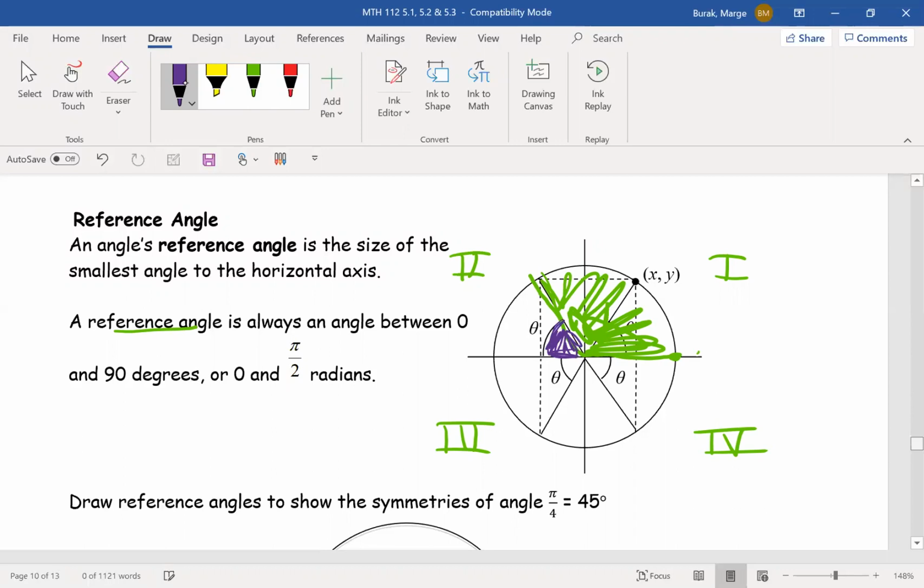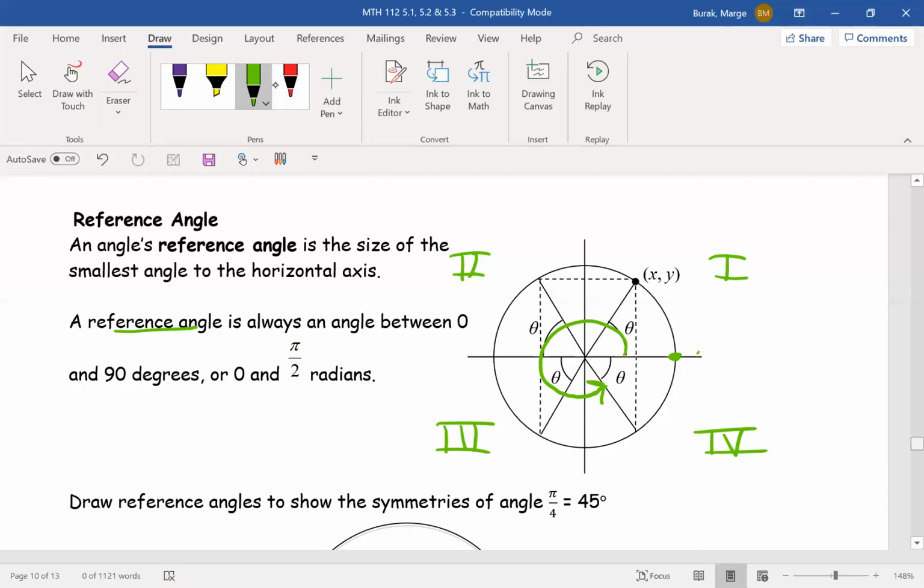So how far is it up from the x-axis? And if I go all the way to quadrant 3, the reference angle is how far it is up to the x-axis. And in quadrant 4, say my angle is all this. This is my angle right here.